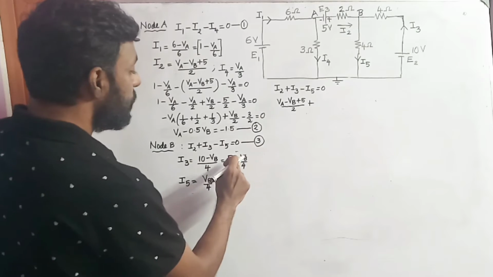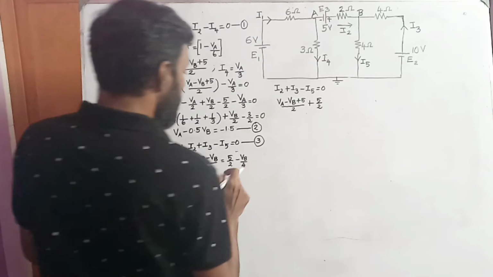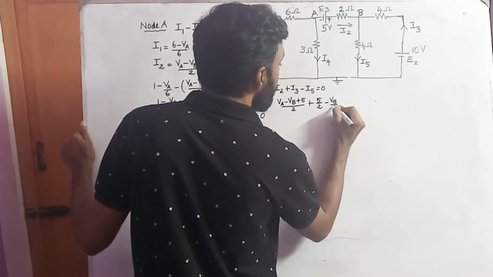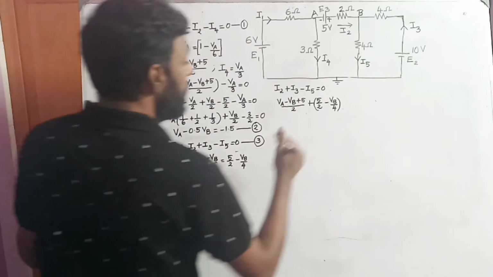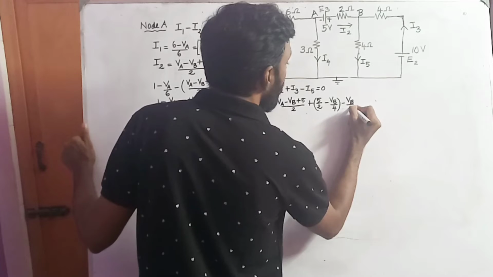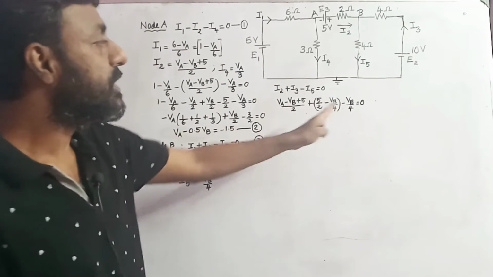I3 value is 5 divided by 2 minus VB by 4, minus I5, which is VB divided by 4, equal to 0. I'm going to split the terms.